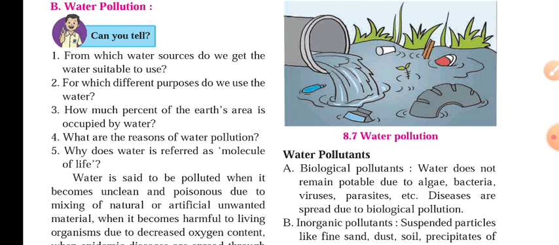Water is said to be polluted when it becomes unclean and poisonous due to mixing of natural or artificial unwanted material, when it becomes harmful to living organisms due to decreased oxygen content, and when epidemic diseases are spread through the water. Freshwater or marine water pollution includes physical, chemical, and biological changes.